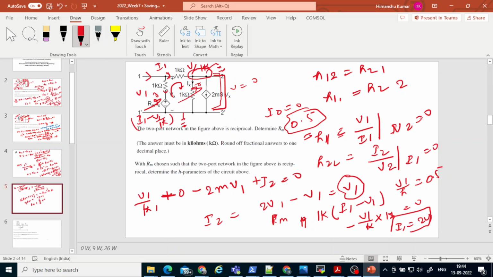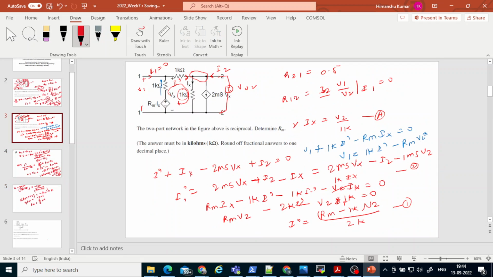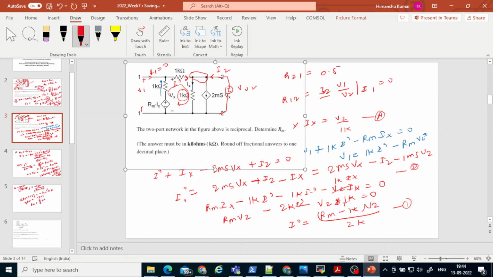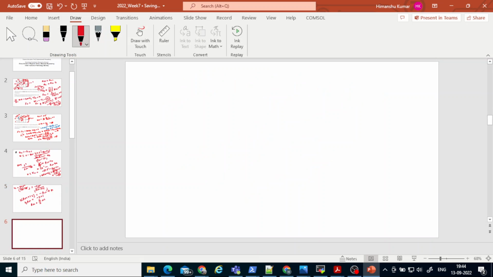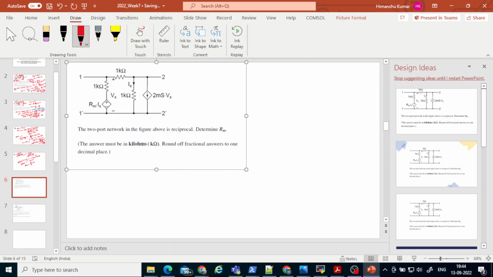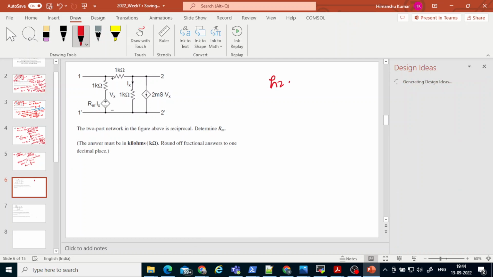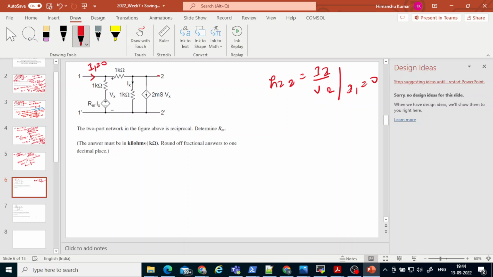Okay, now let's analyze the open circuit case. Let me copy this. H22 is I2 by V2, provided that I1 equals 0. So now we put I1 as 0, and we put the voltage at the second terminal, this is V2, and the current is I2.